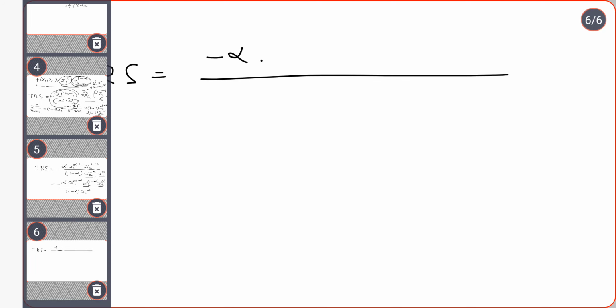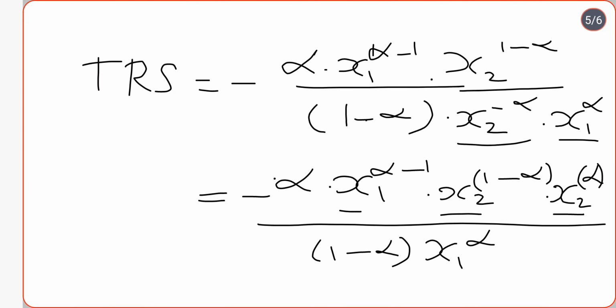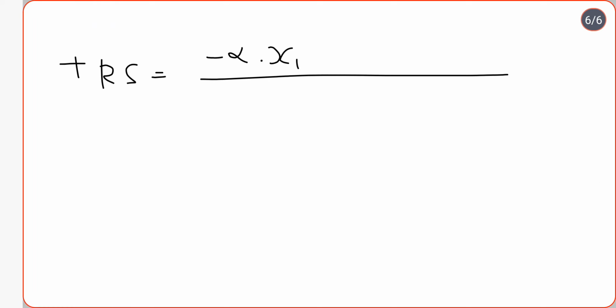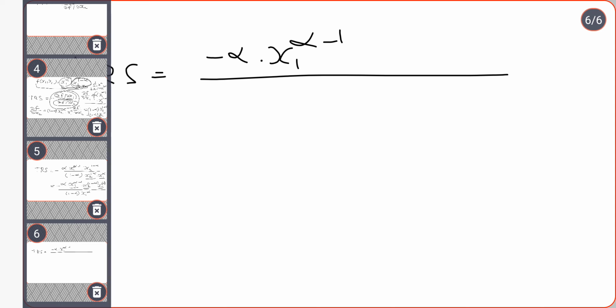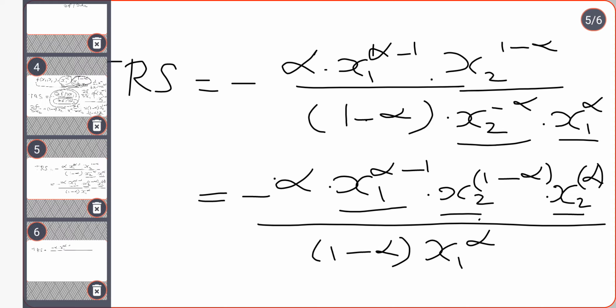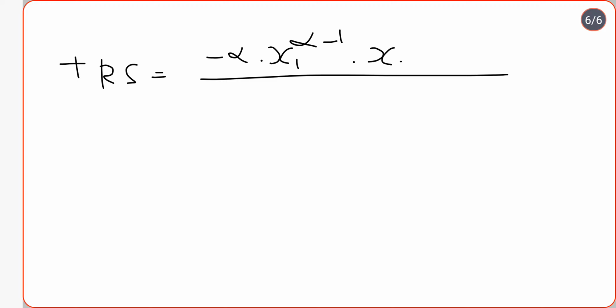So TRS will be minus alpha into x1 to the power alpha minus 1. Then we have obtained x2 to the power 1 minus alpha plus alpha, because when bases are equal, powers should be added in the case of multiplication. So 1 minus alpha plus alpha, that means alpha and alpha will be cut. So we will write it here, x2 to the power 1 minus alpha plus alpha.